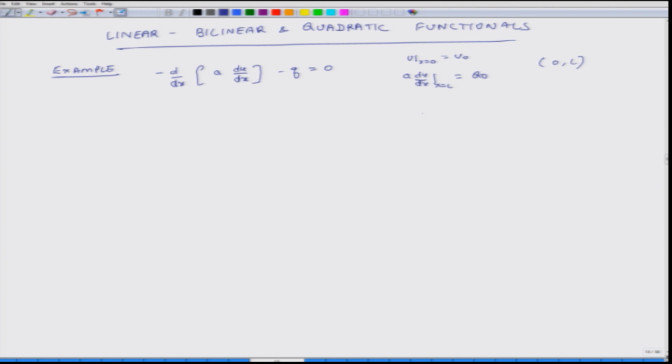So, suppose I have a bar, and I am applying some traction here, and then I am specifying, I am pushing this bar such that the displacement at x equal to 0 is u naught, and also at x equal to L. So, this is my x equals L.